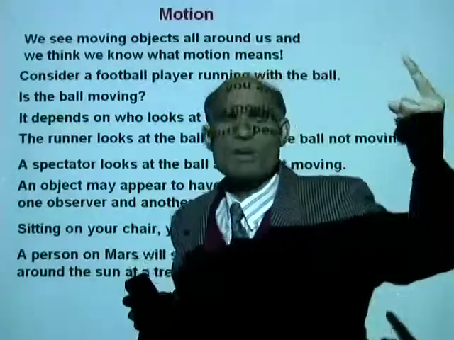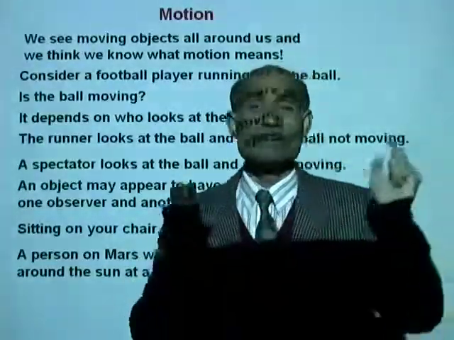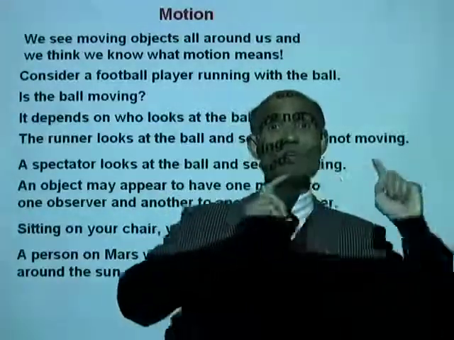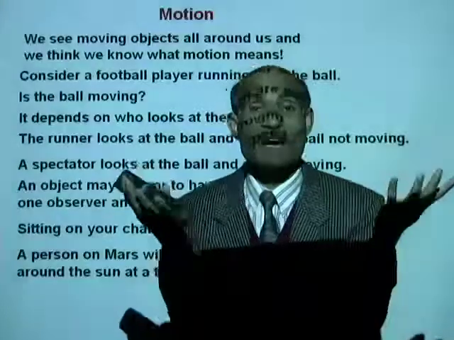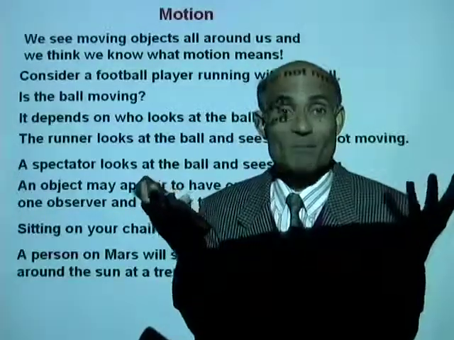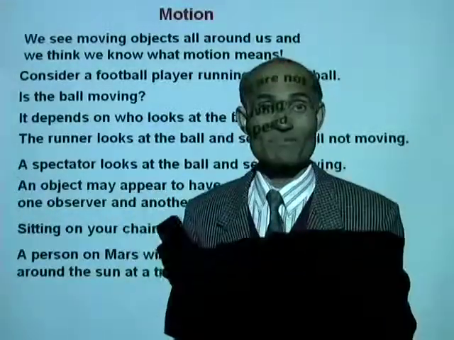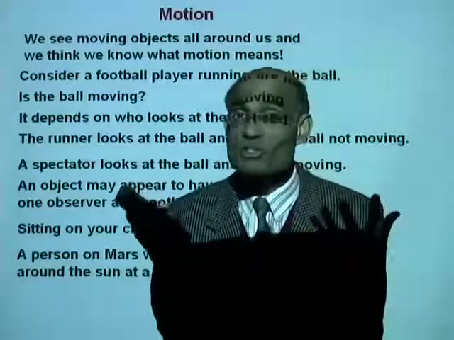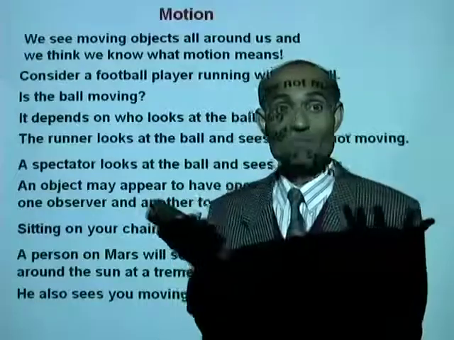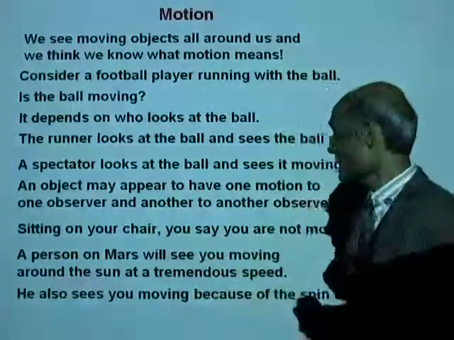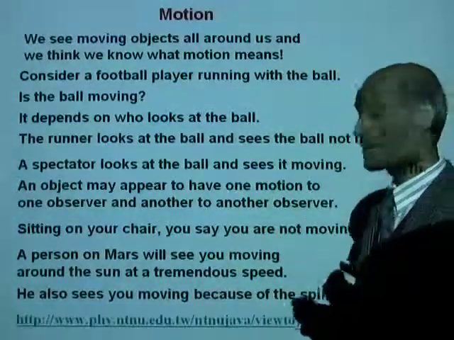He says you are really moving. Then the spinning of the earth makes you go round and round. You are actually moving. But you say you are not moving. Now, is motion a complicated phenomenon? Well, you see, motion is a complicated phenomenon.